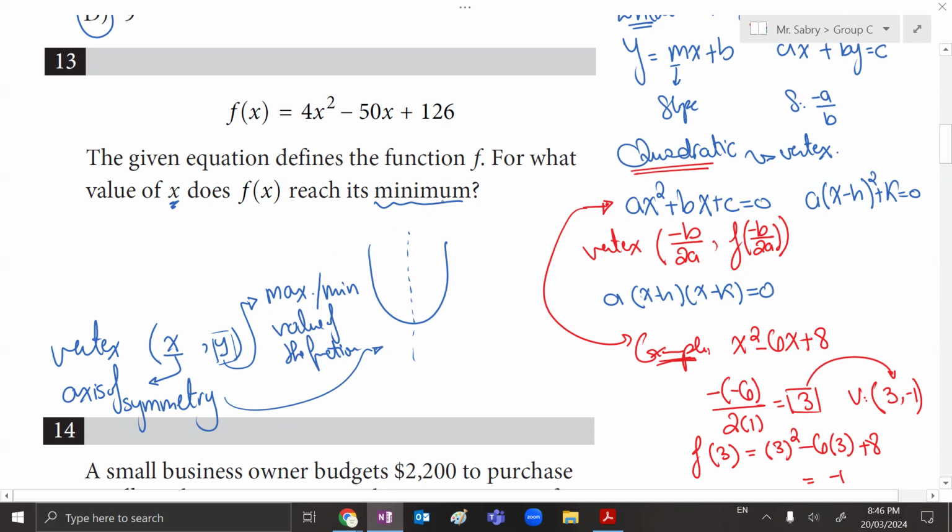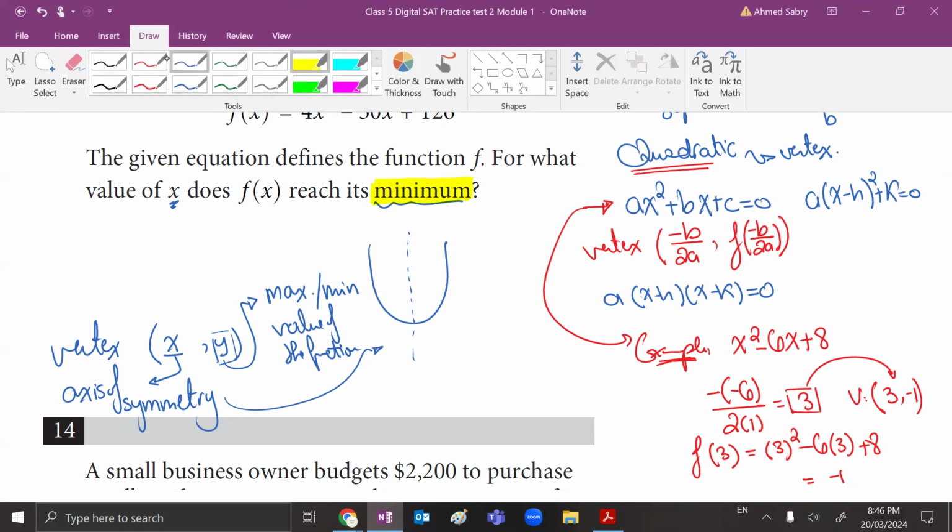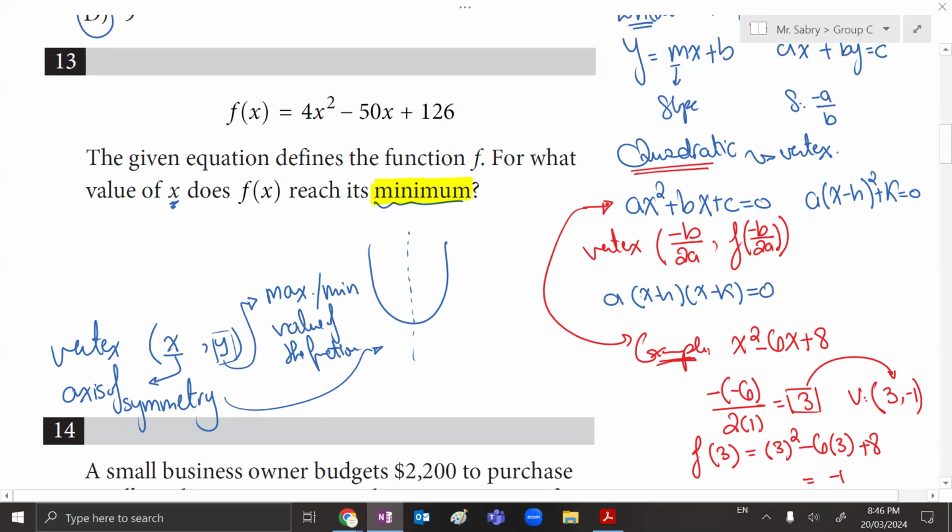So whenever the word maximum or minimum is mentioned in the question of a quadratic equation, you'll be right away thinking of the y of the vertex. The minimum value of the function is the y of the vertex. Now in this question, they're asking you, for what value of x does f of x reach its minimum? In other words, they're asking you, what was the x value when y was at its minimum?